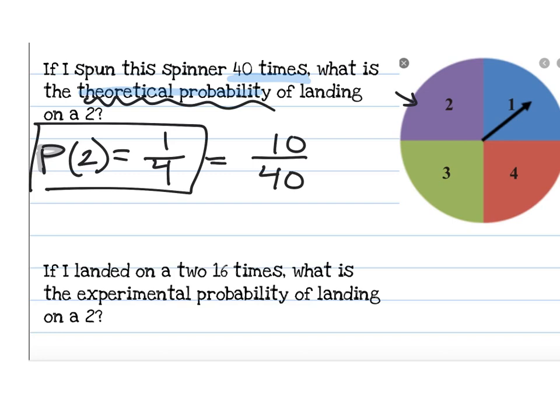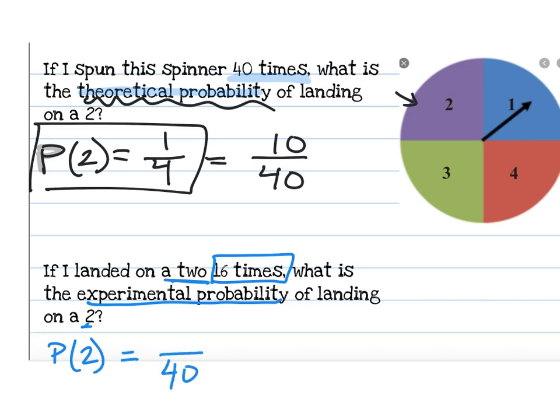If we do the experiment and we got a 2, 16 times, what is the experimental probability? So what actually happened for getting a 2? The actual result, out of 40, we got a 2 16 of those times. And that simplifies.